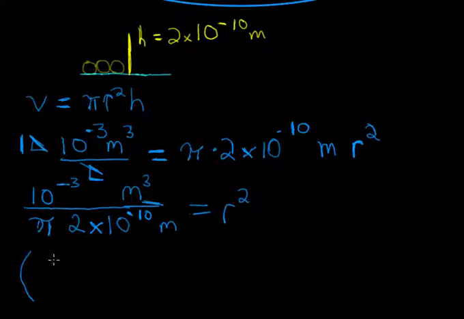So upstairs I have 10 to the 7th divided by 2 pi. Again, we're playing with algebra here. The square root of 10 to the 7th divided by 2 pi equals r. So I'm going to type that into my calculator.